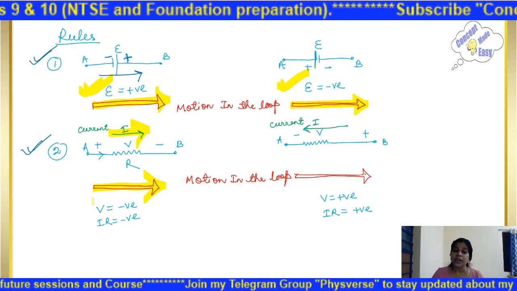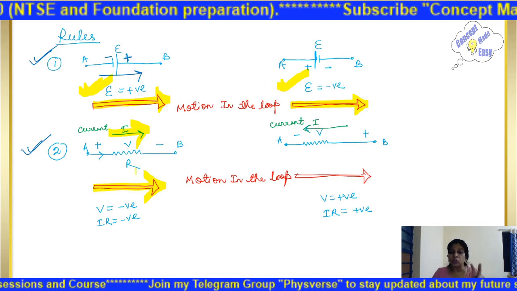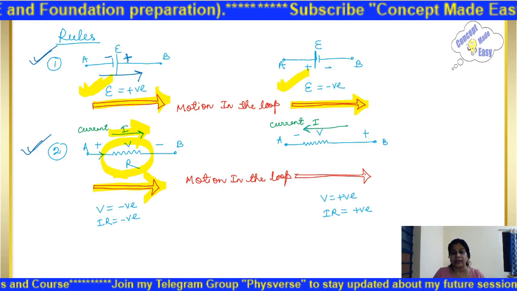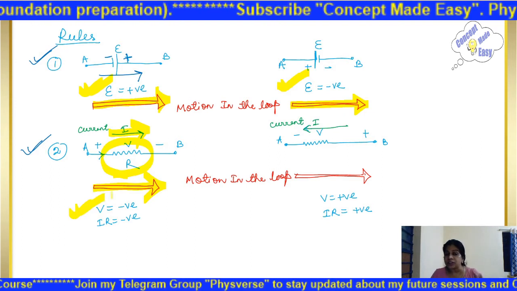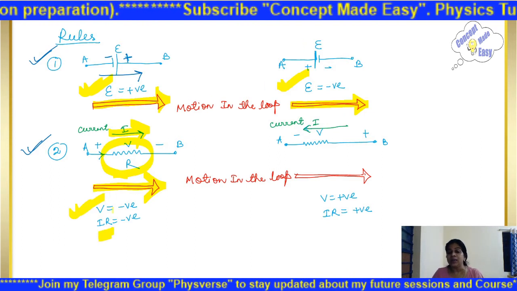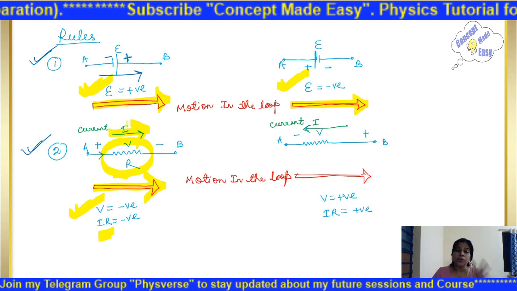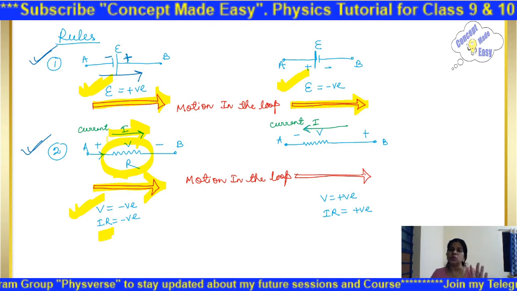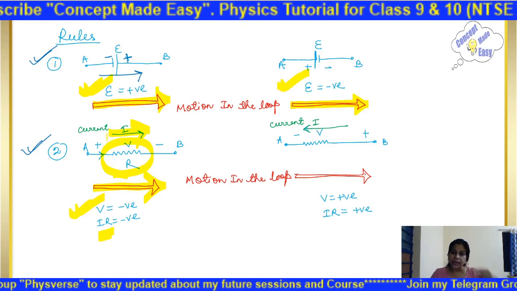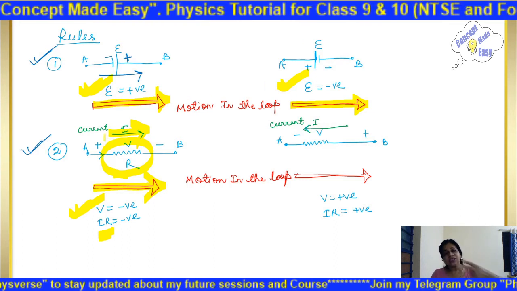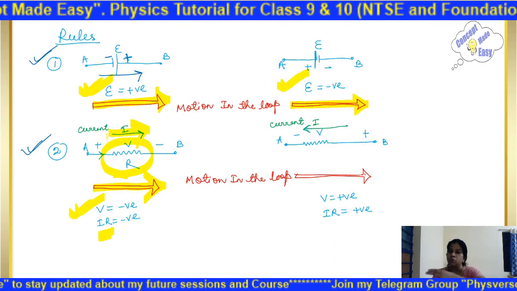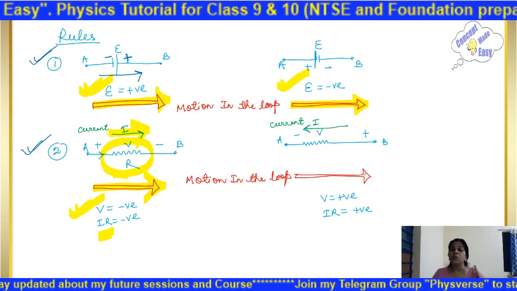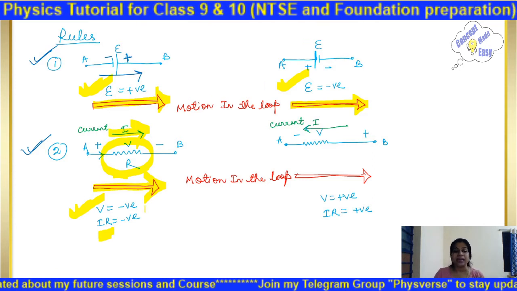So the voltage drop across this resistor R is nothing but I into R, that is negative, because whenever the current direction is along with the direction of motion in a loop, then you assume that IR is negative.